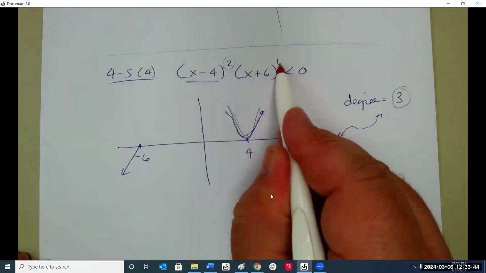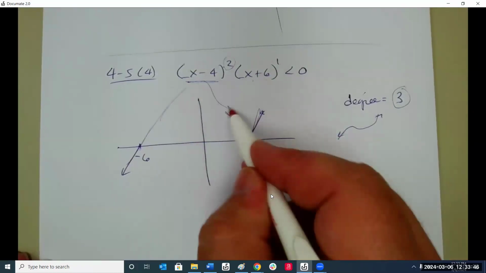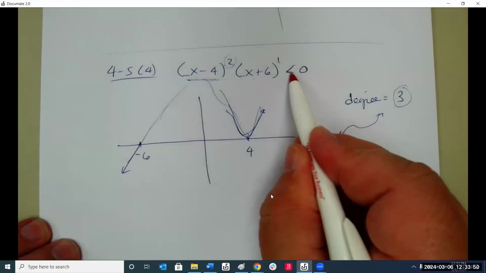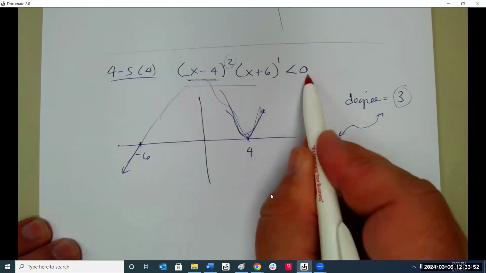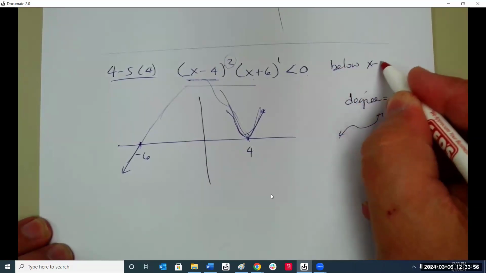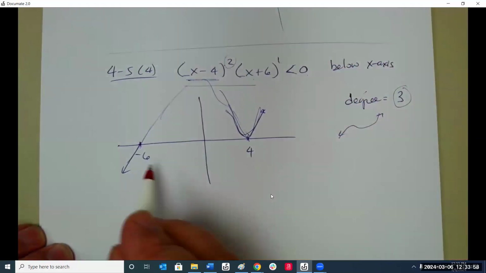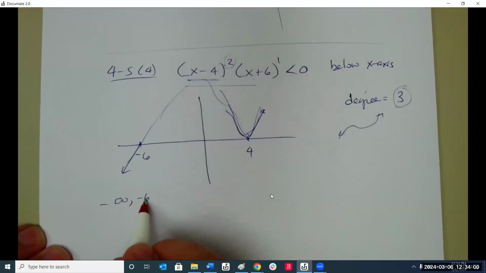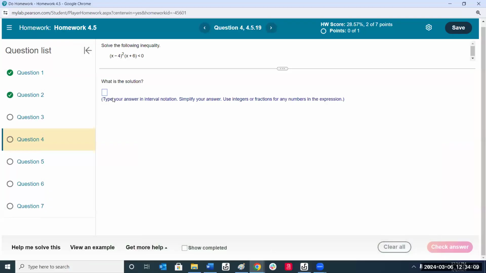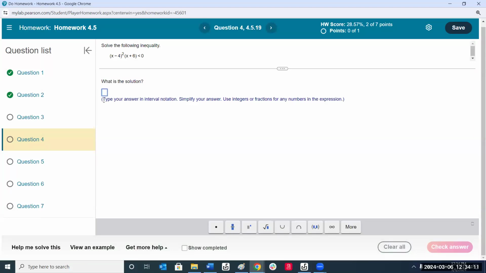And at -6, it crosses. So what this is looking for is, when is the equation less than 0? When is it below the x-axis? Very good. In interval notation.